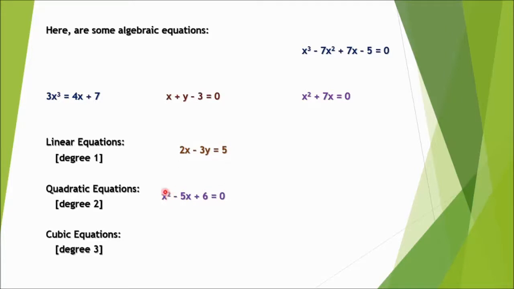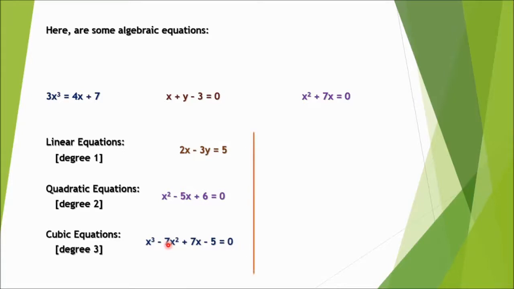The highest degree is 2. Actually there is degree 1 also right here, but the highest degree is the degree of the equation. That means the highest degree is 2, so it is a quadratic equation. Another equation, the third one, is a cubic equation. It has degree 3. The highest degree is 3, so these three are linear, quadratic and cubic.